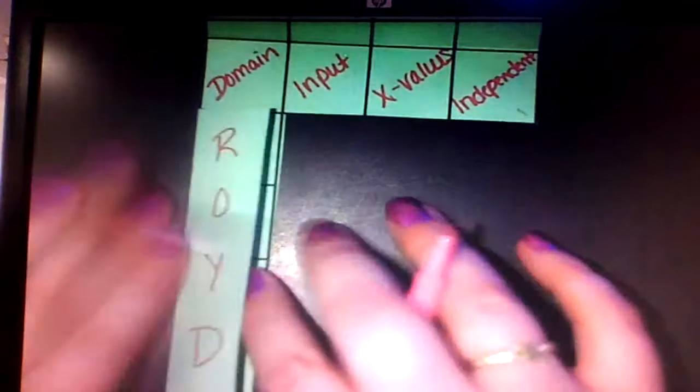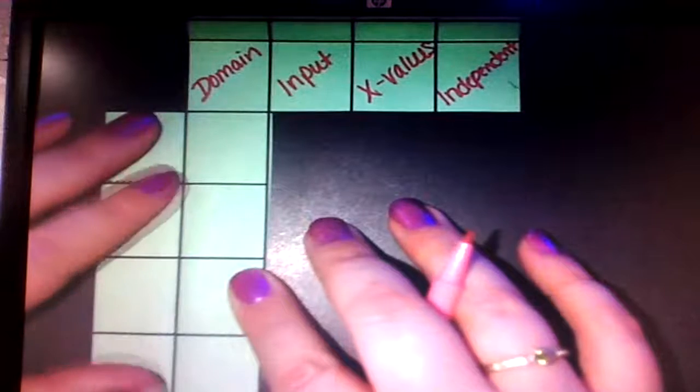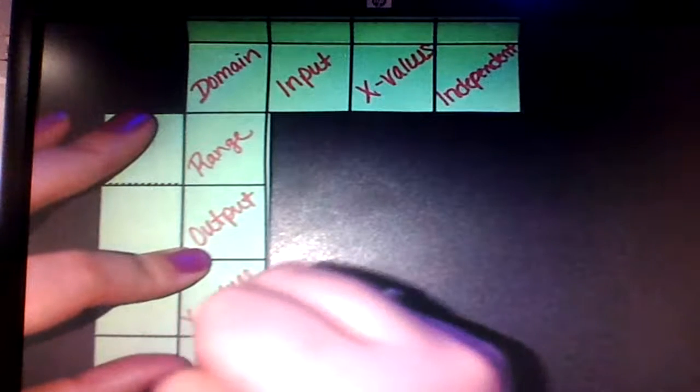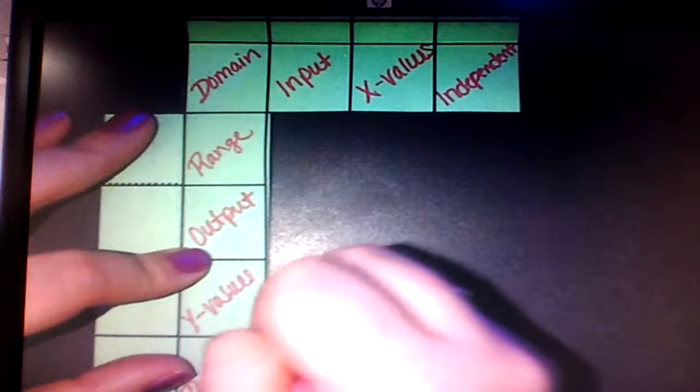So on the inside then, ROID stands for range. O stands for output. It's your Y values. And it's your dependent. Range, output, Y values, dependent.